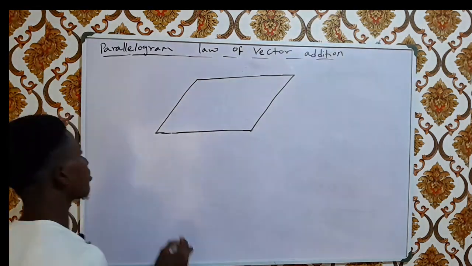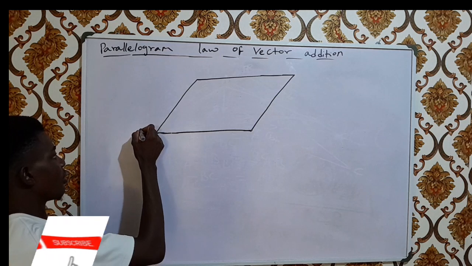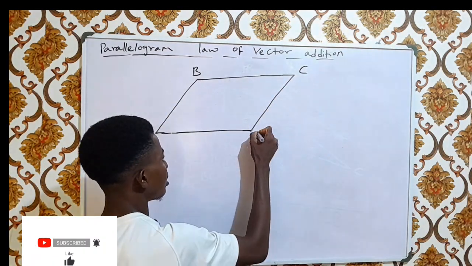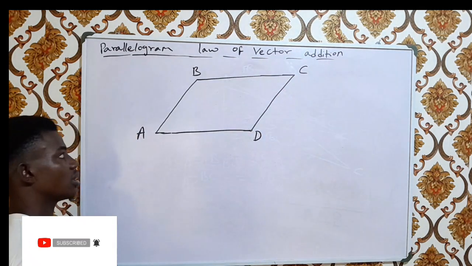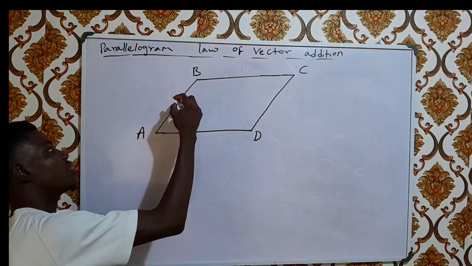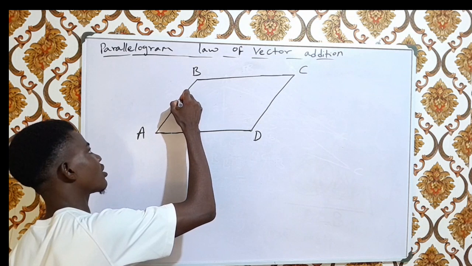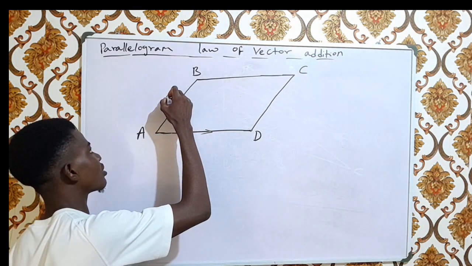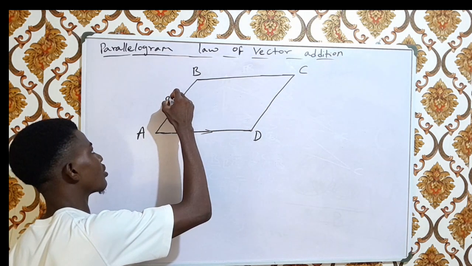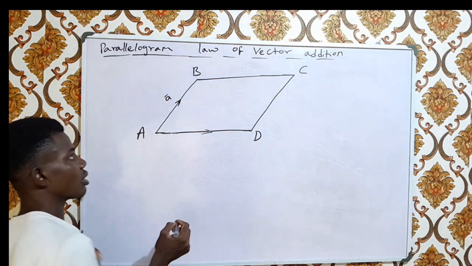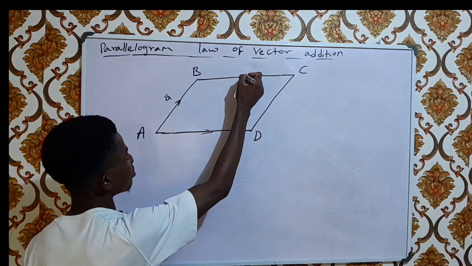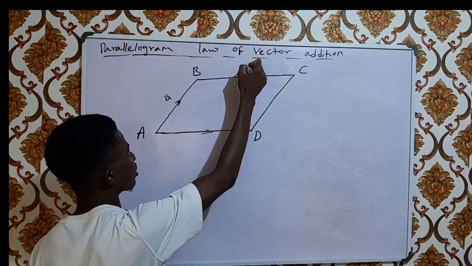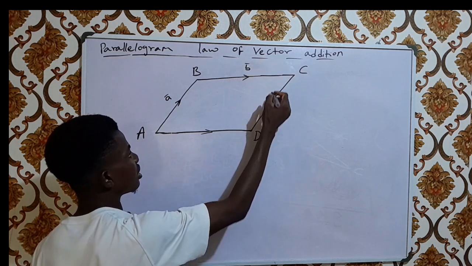This is a parallelogram. I'll give them letters. Let's start from here: A, B, C, D. Now, this is an adjacent side. Let's call this adjacent side vector a, and let's call here b.